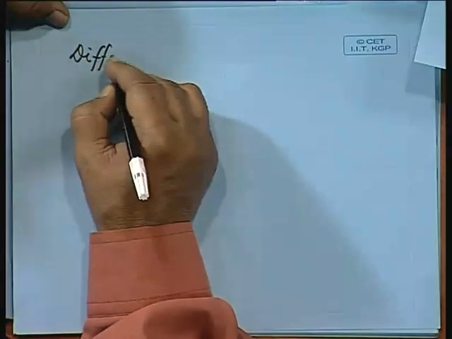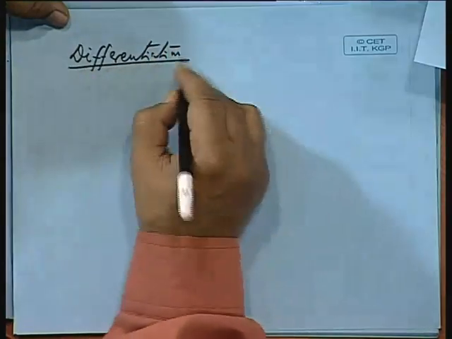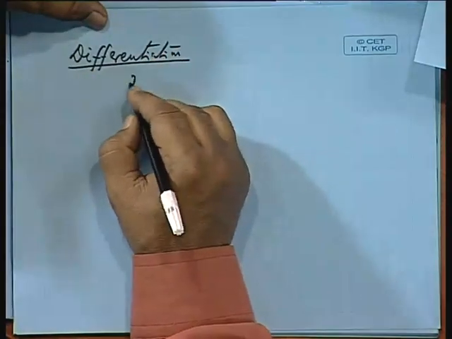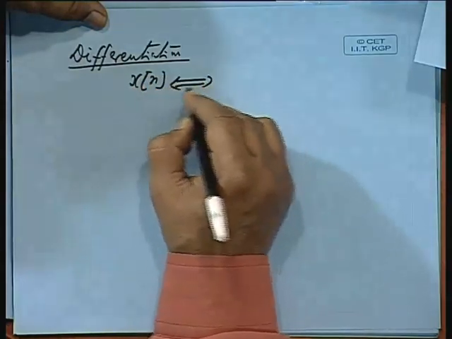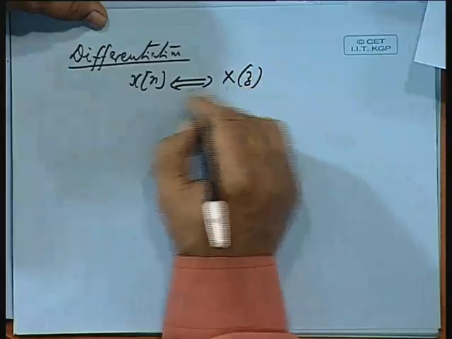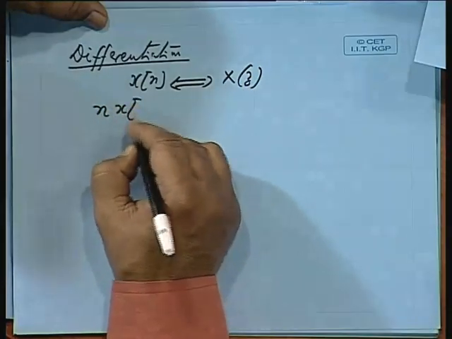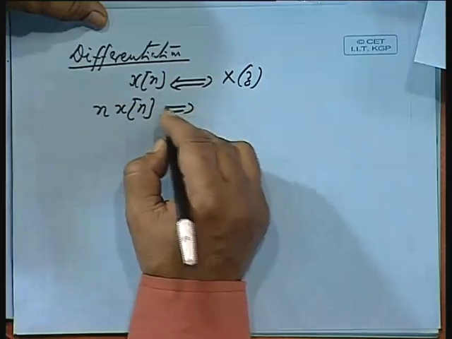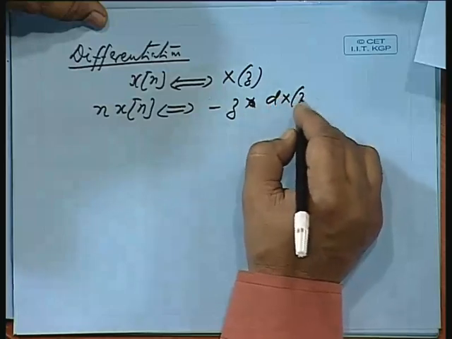Differentiation. If x n is paired with x z, then n times x n is minus z dx z by dz.